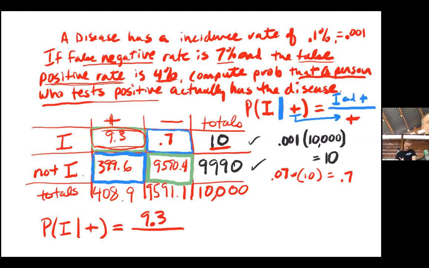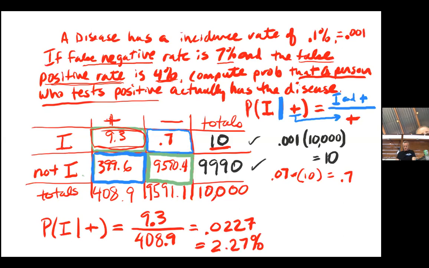There's going to be 9.3 people who test positive and have the disease out of the total number of people who tested positive, which is 408.9. So that's 0.0227, which is 2.27%. And I want you to think of the implications of that.